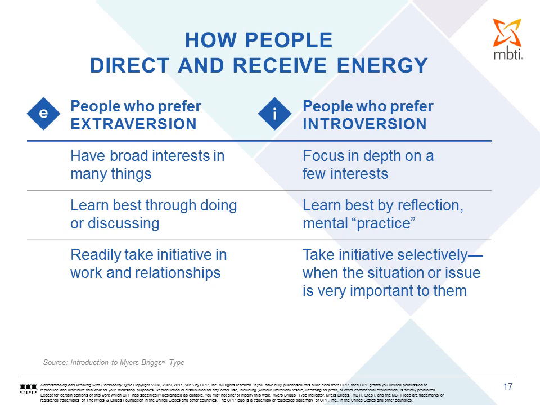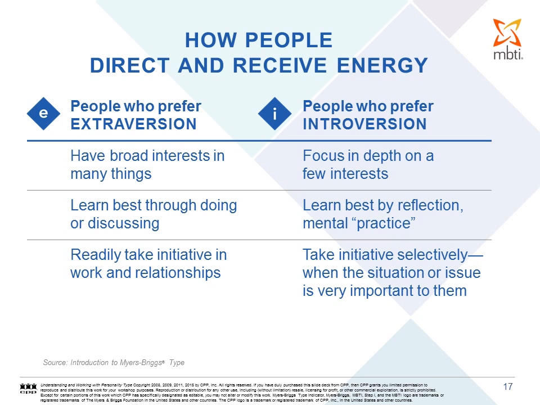Some further examples: people who prefer extroversion often have broad interests in many things, whereas people who prefer introversion might focus in depth on a few interests. People who prefer extroversion often learn best by doing or by discussing.